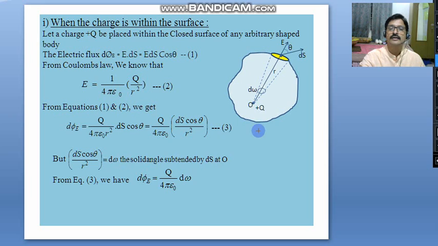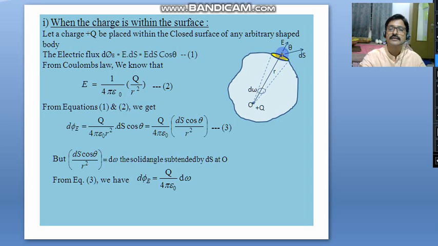Now let us have a positive charge here at point O. Now consider a point P. The distance between the charge and the point P is r. Now consider a very infinitesimal area ds around that point.